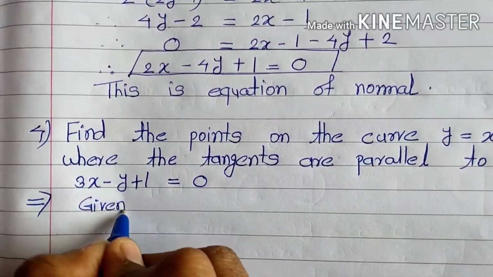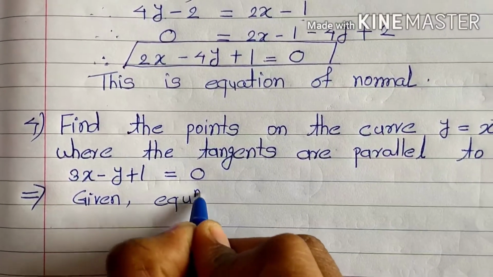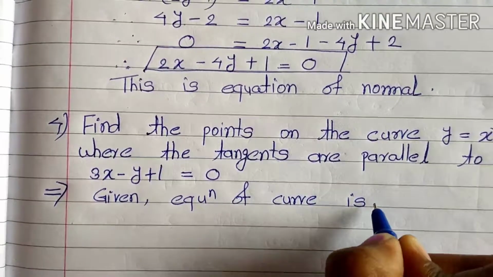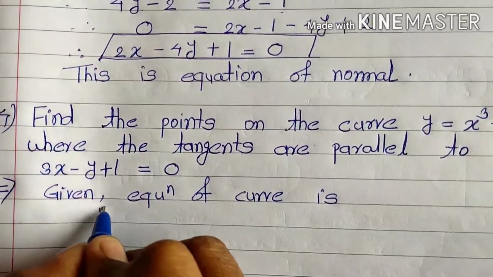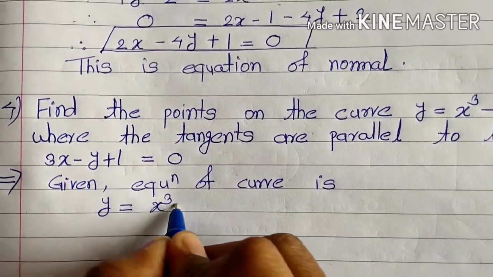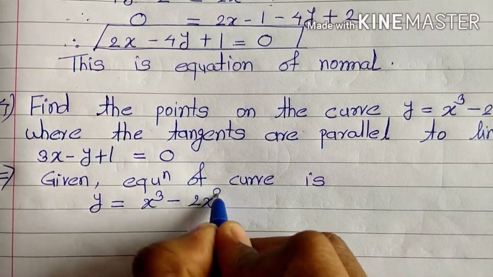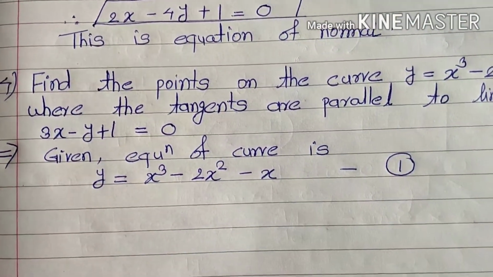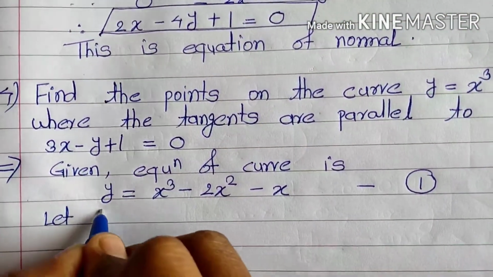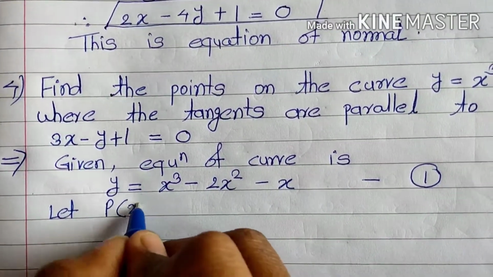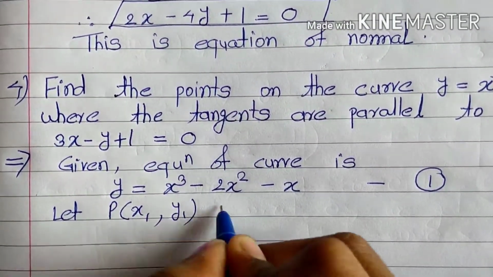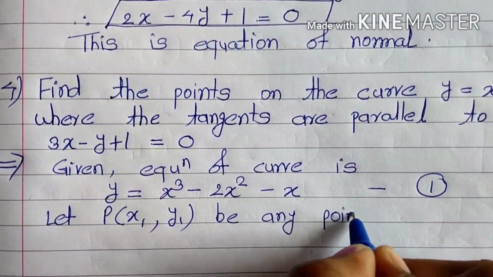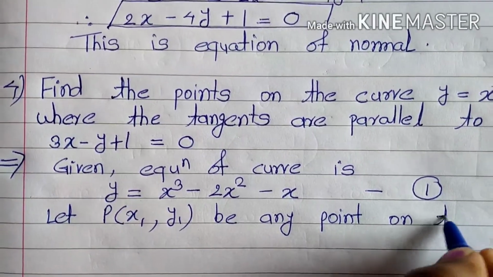Given equation of curve is y is equal to x cube minus 2x square minus x. Call it equation 1. Let P x1, y1 be any point on the curve.